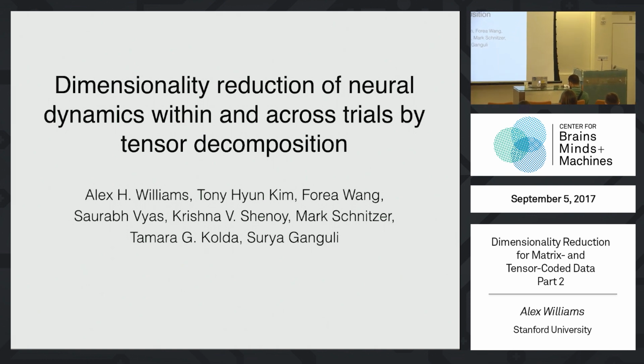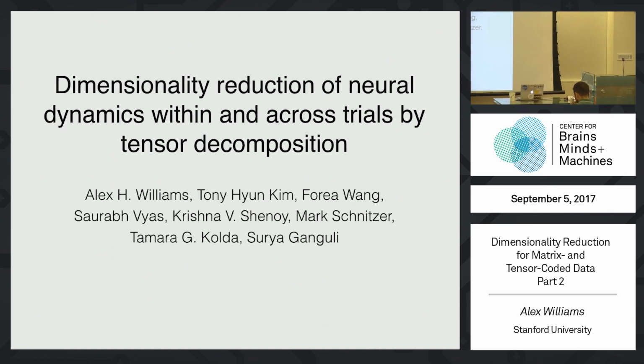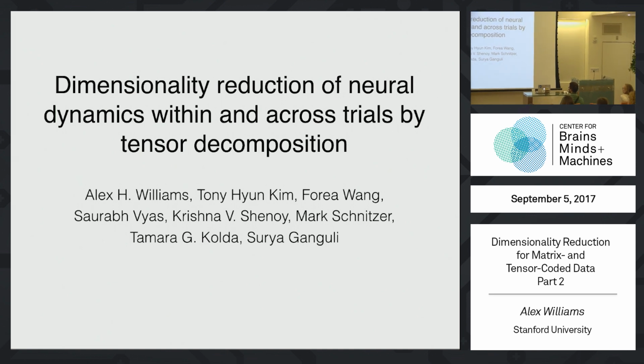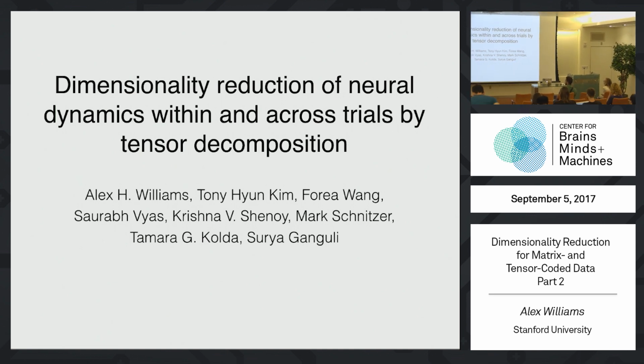So at the outset, I want to thank all my collaborators, especially Tony Kim from Mark Schnitzer's lab, who really helped me work on this in the early days when I had this sort of crazy idea to apply tensor decompositions to neural data. And more recently, I've been working with Saurabh Vyas from Krishna Shenoy's group, who provided a data set in primate motor control.